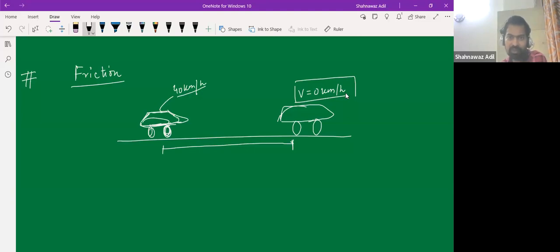So if it was moving with 40 kilometer per hour, it will always move with 40 kilometer per hour, right?